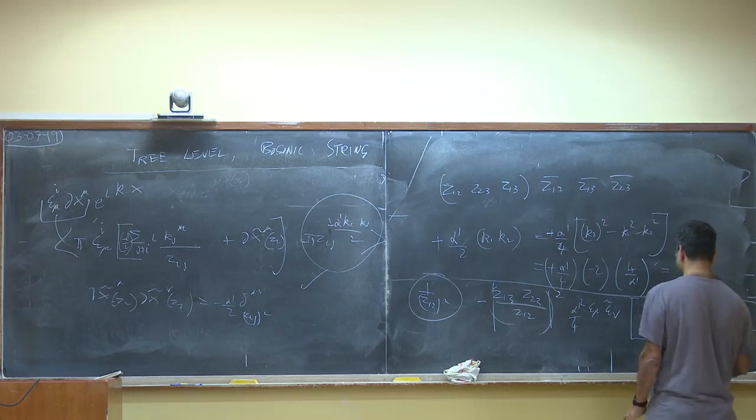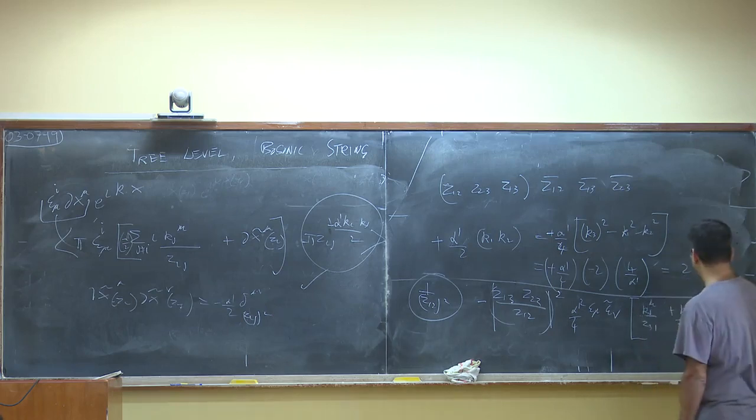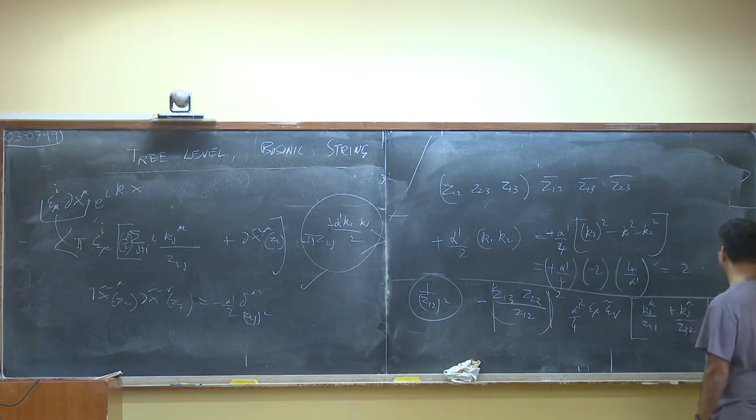What am I saying? 3, 2. And a similar factor, anti-holomorphic: k1 mu by z bar 31 plus k2 mu by z bar 32.